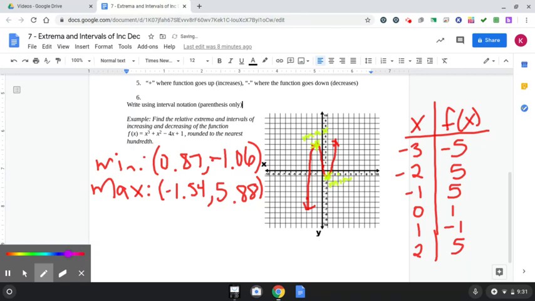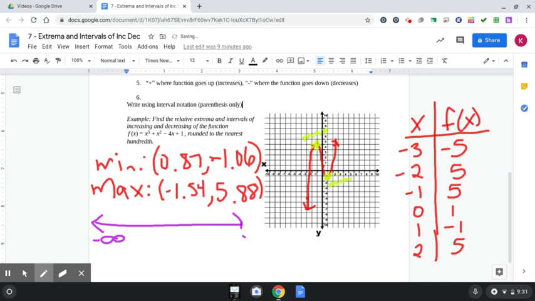We did that. Now, third step, draw a number line. For your number line, again, the domain of these functions is all real numbers. So the left side, I want you to put negative infinity, and the right side is going to be positive infinity.